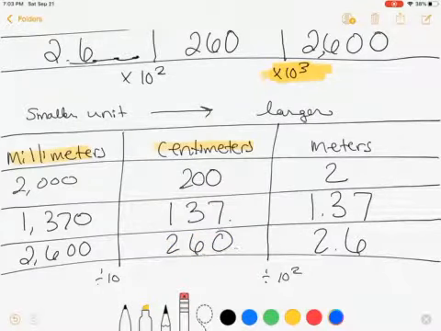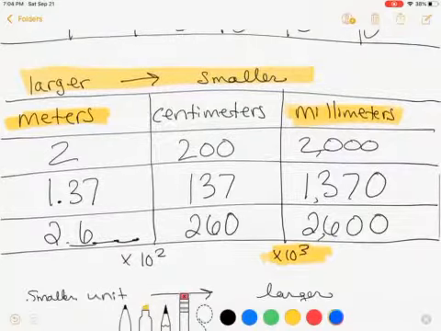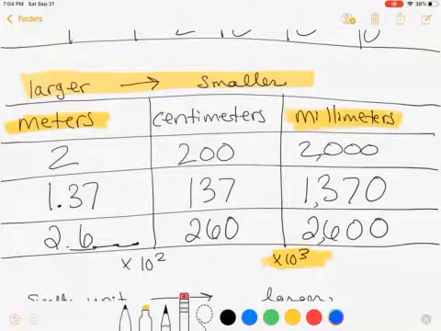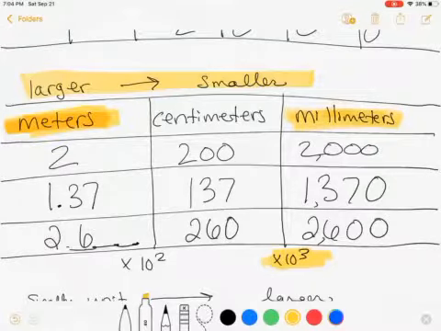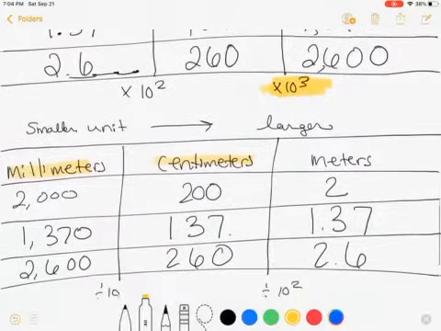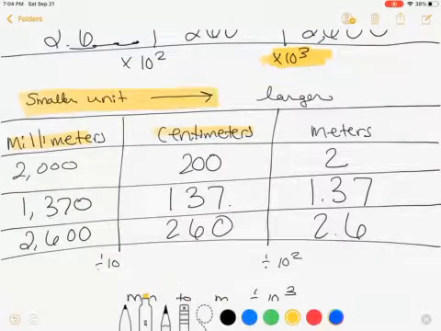So the big thing to remember is when we go from larger units to smaller units, we need to multiply. And when we go from smaller units to larger units, we need to divide.